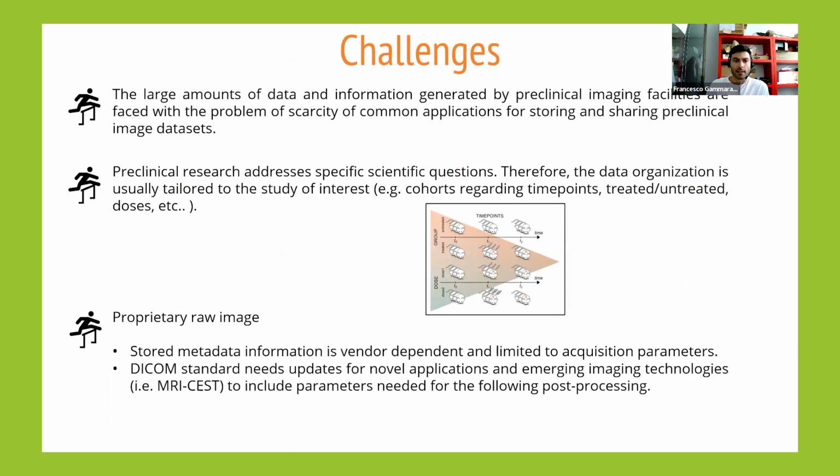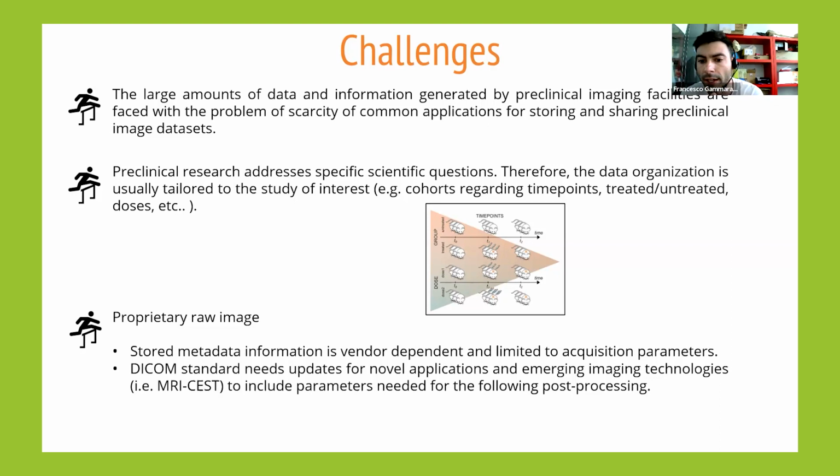And then preclinical research addresses specific scientific questions. For example, if we want to monitor the effect of a therapy, we need different groups, for example, treated and untreated. And the studies are usually longitudinal. It means that we want to study the effect over time.